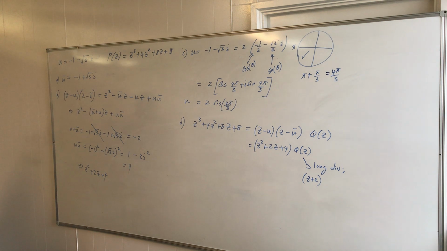So u represents this, c represents this. So b should represent z plus 2. Right?